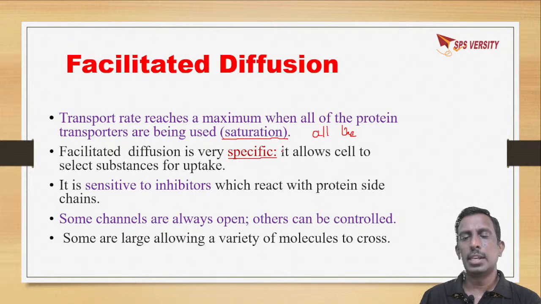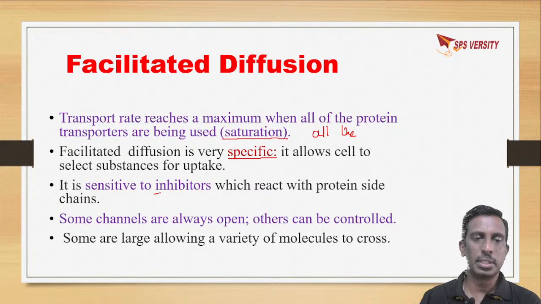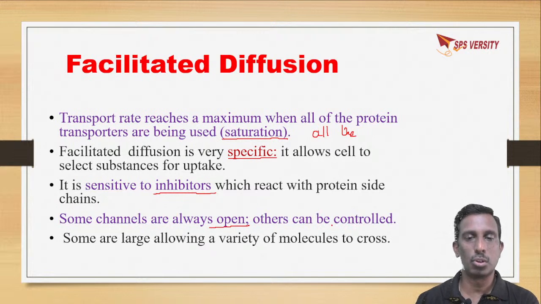Or a proteins they are sensitive to inhibitors. कुछ substances रहता which inhibit the activity of the proteins. और A proteins में some channels are always open and others are controlled. Controlled means there will be opening and closing depending upon the need.